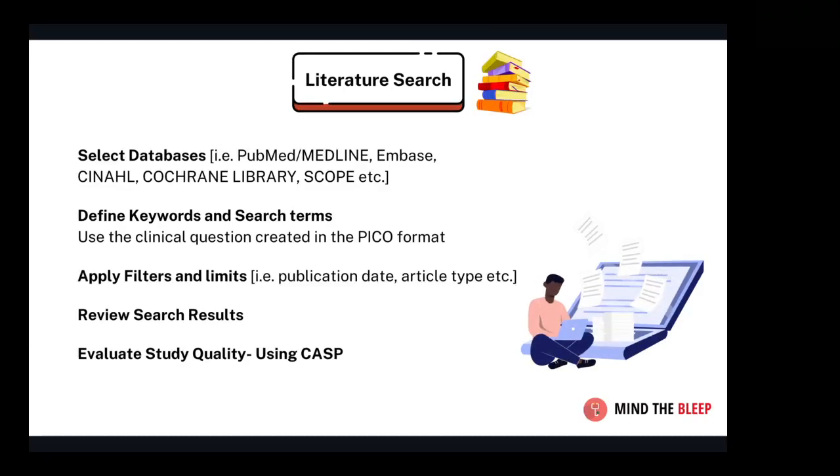You put those filters, you'll come to a few articles, and you have a read through it, basically. From there, you can pick whichever one is the best one, and you can evaluate the quality of it using a critical appraisal, right? And I'll talk about that later. Okay.